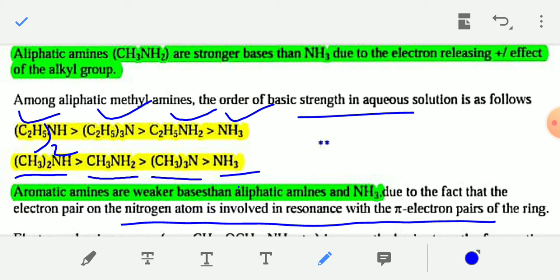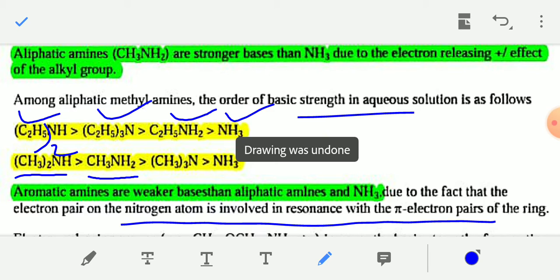So in both cases, 2 degree amines have the highest basic strength. So 2 degree amines are the strongest base in aqueous solution. You have to remember the order of basic strength of different types of ethylamine and methylamine in aqueous solution.